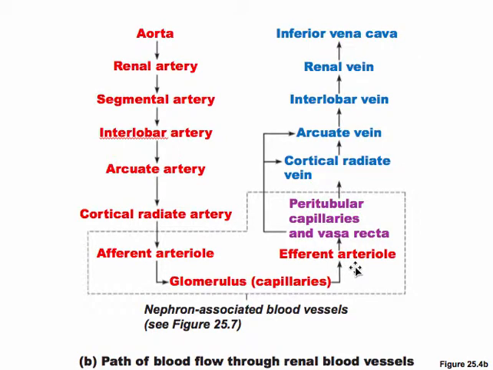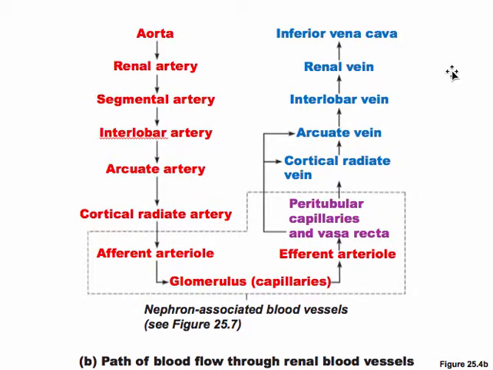From there, we then go into a second capillary bed that are either called peritubular capillaries because they're around the nephron, or a special type called the vasorecta. Vasorecta capillaries are only present in the juxtamedullary nephrons, and they are in the renal pyramid.